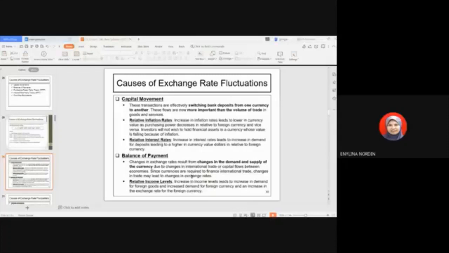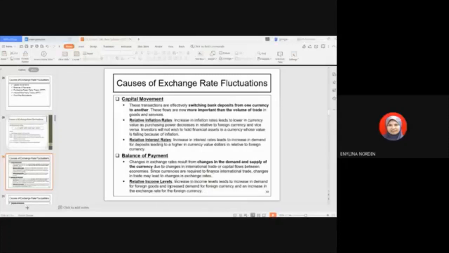Therefore, this attracts more foreign capital and causes a rise in the exchange rate. In other words, the exchange rate will appreciate when the interest rate is higher.